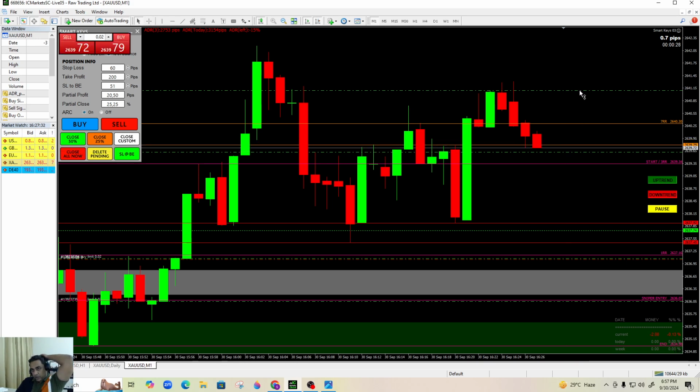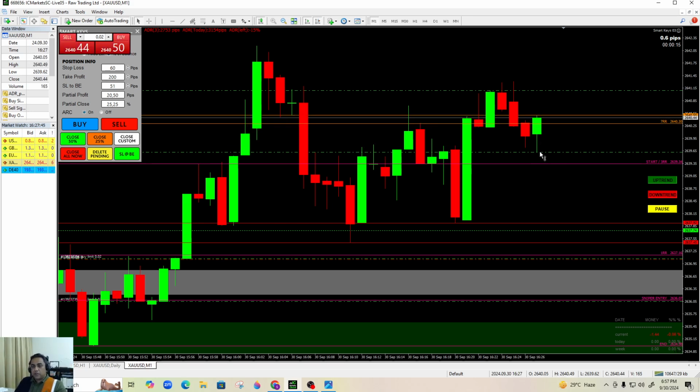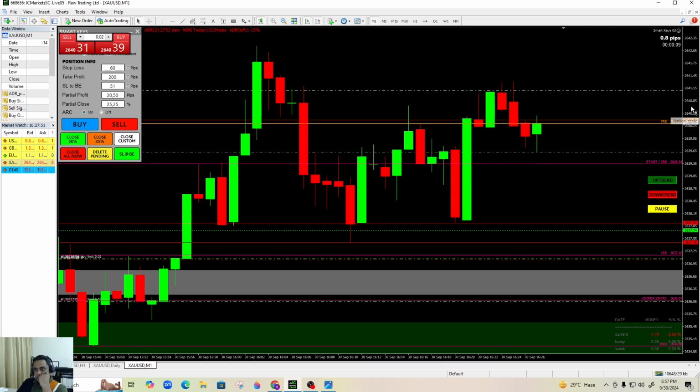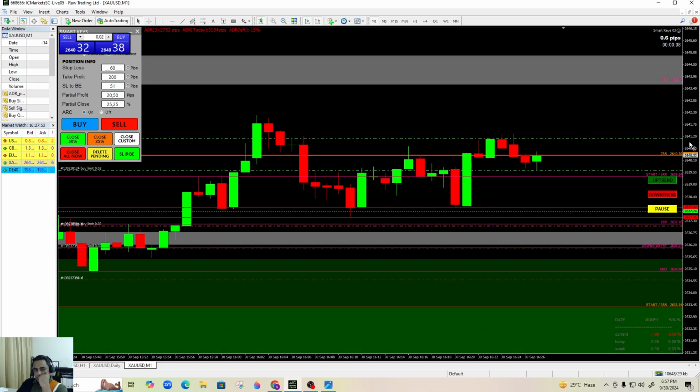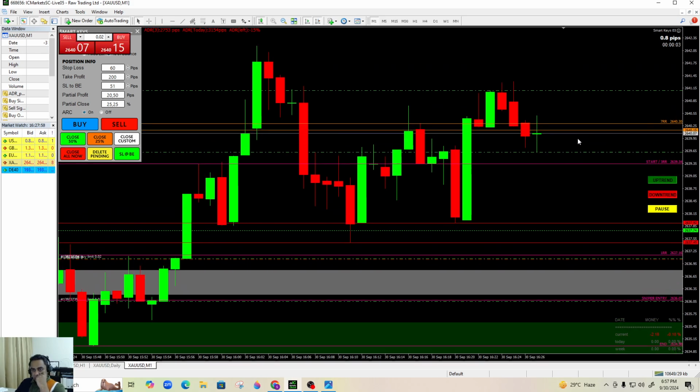I don't like this trade at all. I absolutely hate doing this. I prefer the pullback trade because that is the tightest stop loss. We came there, but we didn't get entry again. Price is just not coming towards our entry.